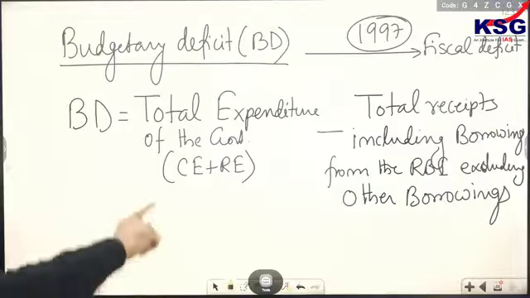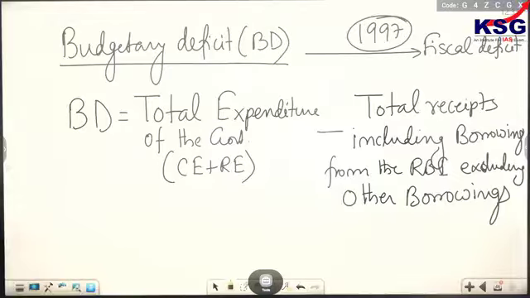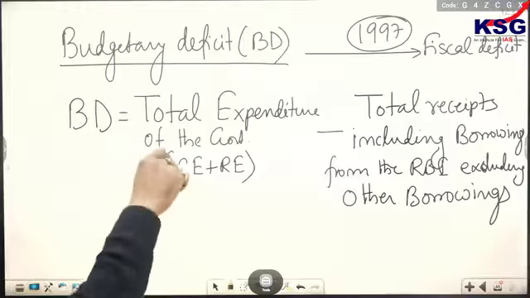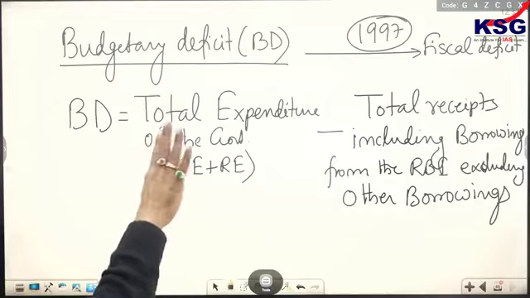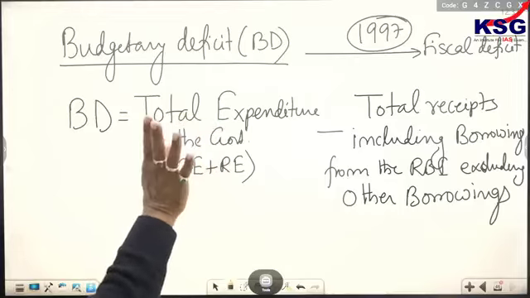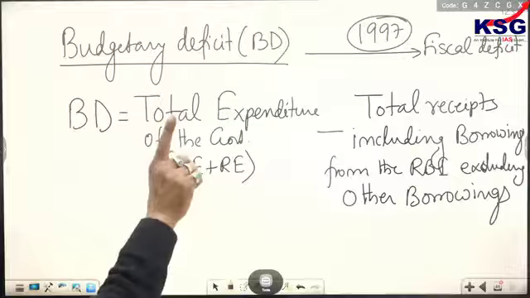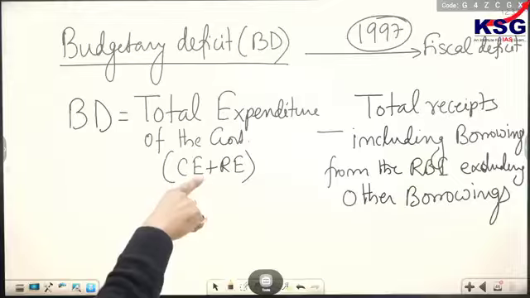So in budgetary deficit, we have already taken the total expenditure of the government, which includes capital expenditure and revenue expenditure. If you compare fiscal deficit and budgetary deficit, there is no difference on the expenditure side. But yes, there is a difference on the receipt side.